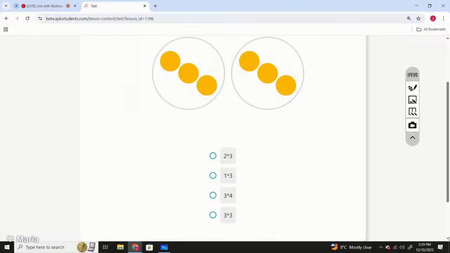That is 2 times 3, right? We have two groups and each group has three dots. So that is 2 times 3. Option number 1 is the correct option.